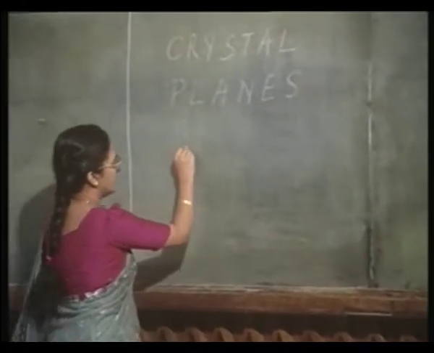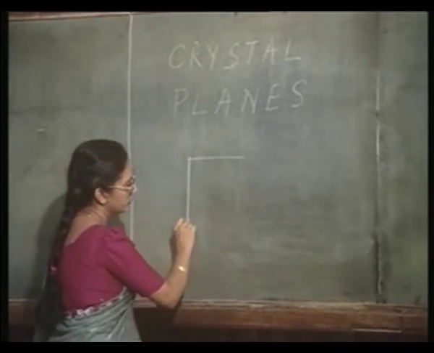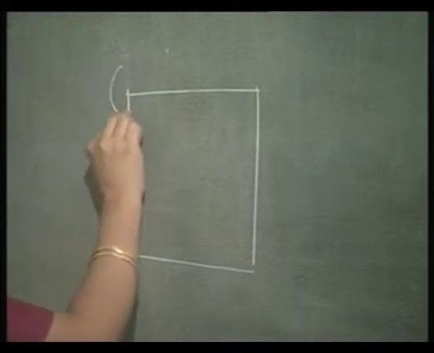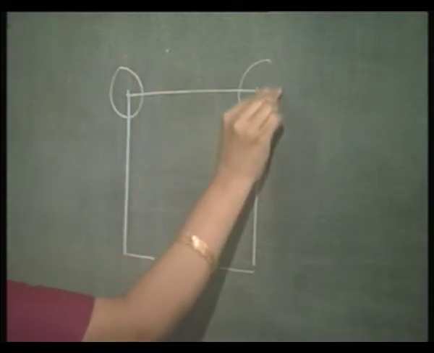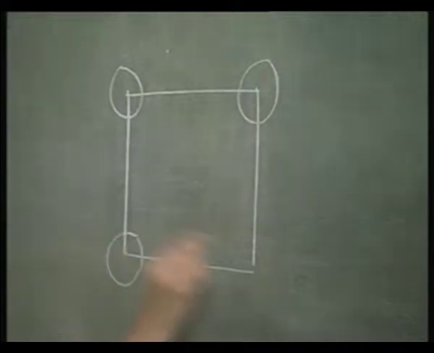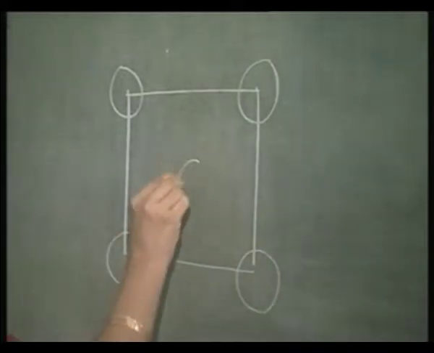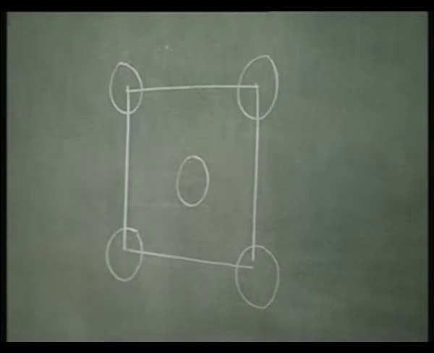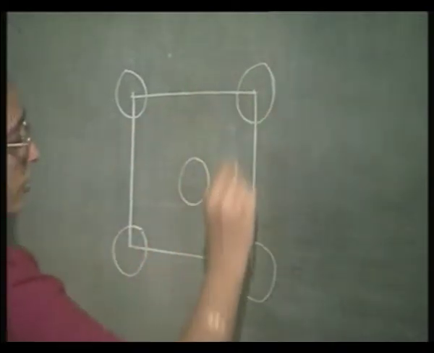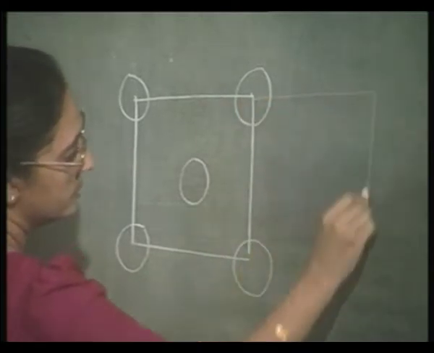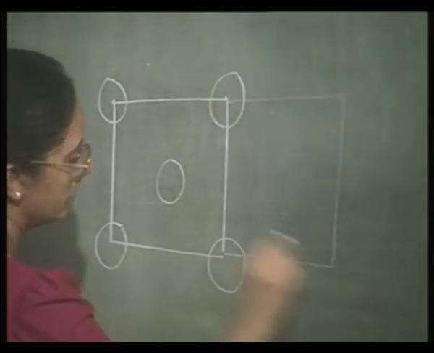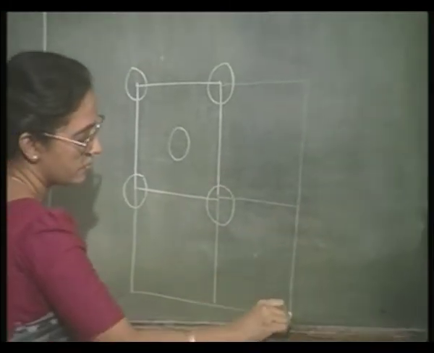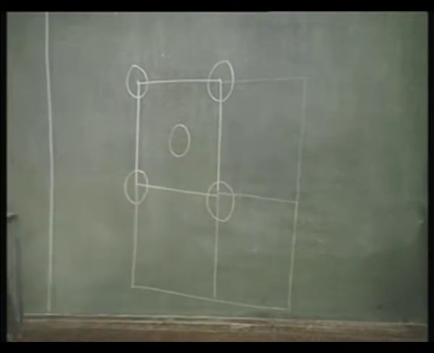Let us consider the 1 0 0 plane. I have a corner atom here and a corner atom here and a corner atom here and one here and one at the center. Now, you can think of so many 1 0 0 planes.